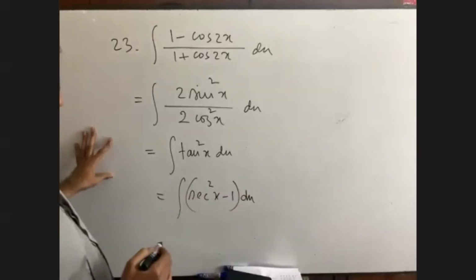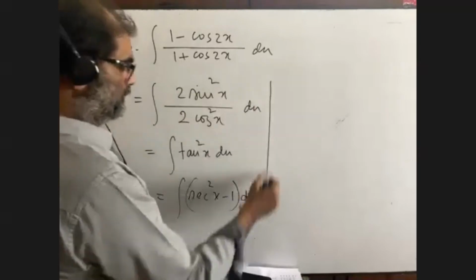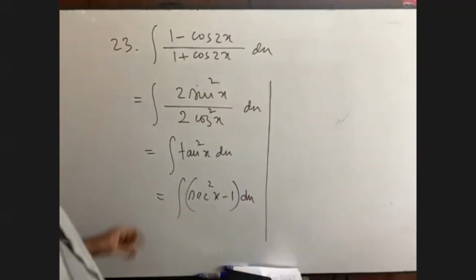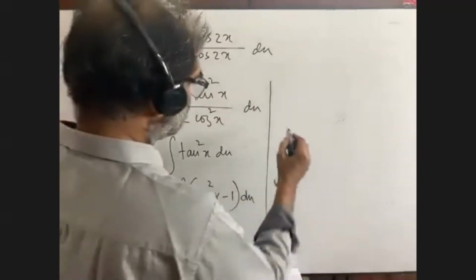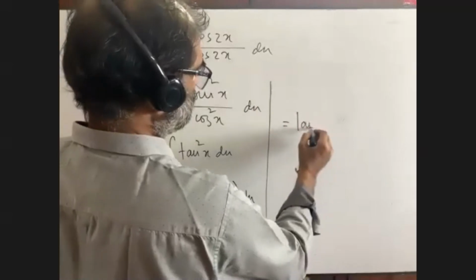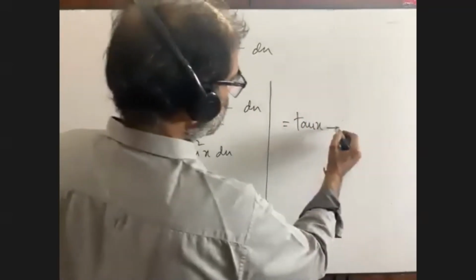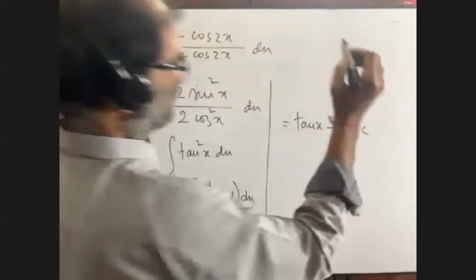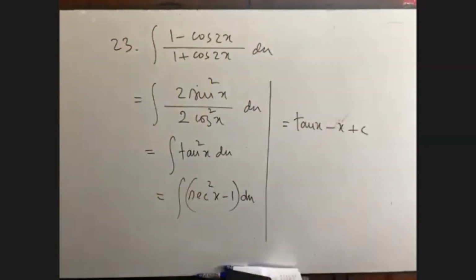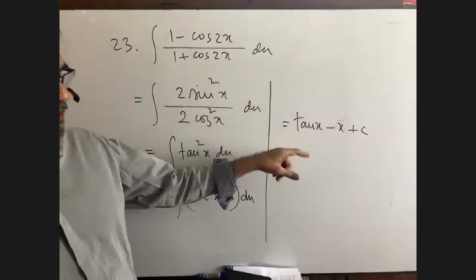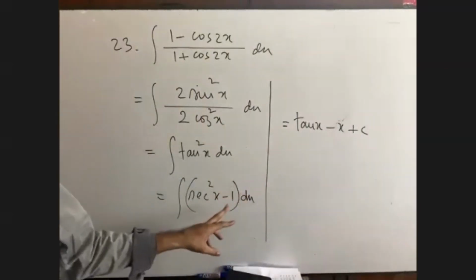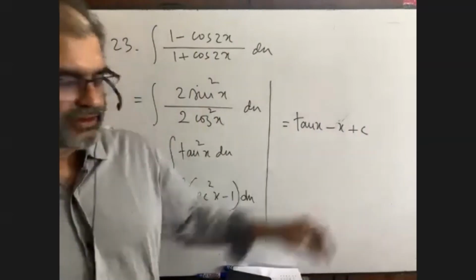Yes, sir. Now, sec square x means what? Tan x. 1 is x. Talk to me. Yes, sir. Because the differentiation of tan x, or derivative of tan x, is sec square x. 1 means x, and this is the constant.